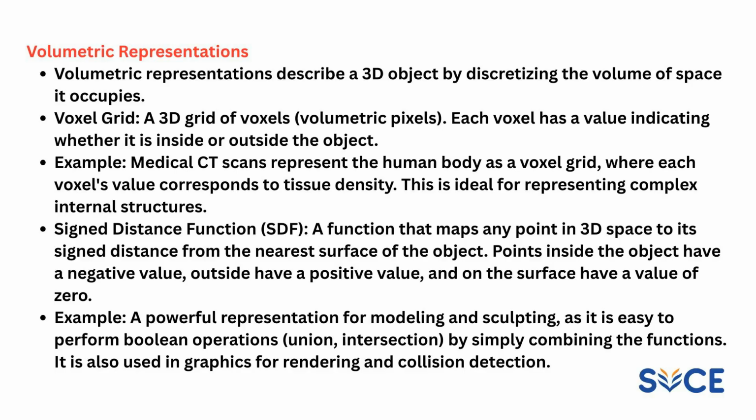For example, a CT scan of the human body stores data as a voxel grid. Each voxel represents a small cube of tissue, with its value showing the tissue density. This is perfect for capturing complex internal structures like bones, blood vessels, and organs. So this is all about the voxel grid.